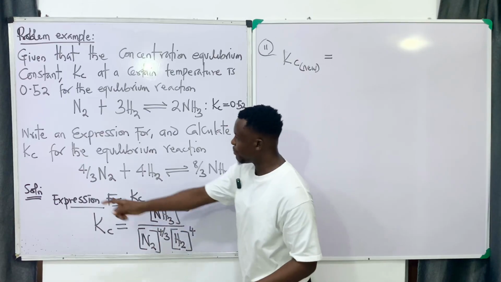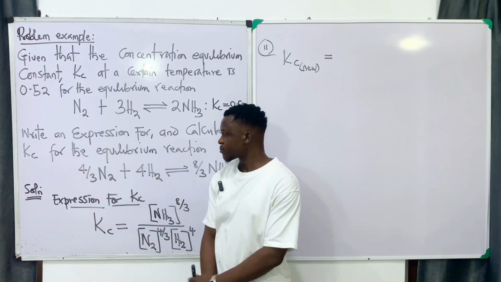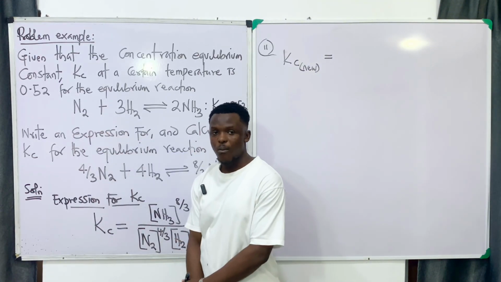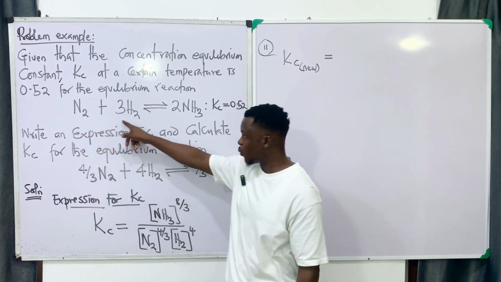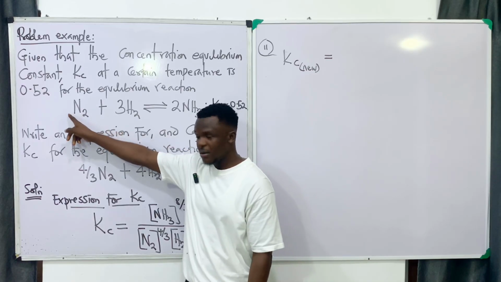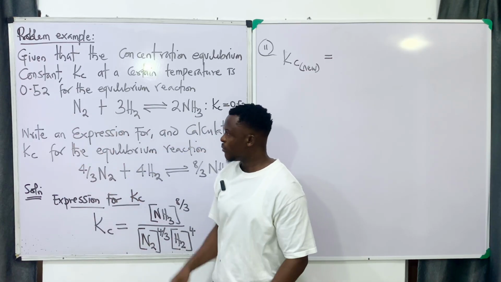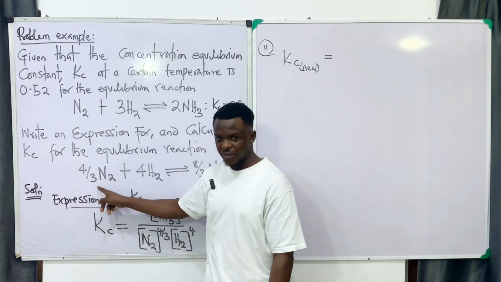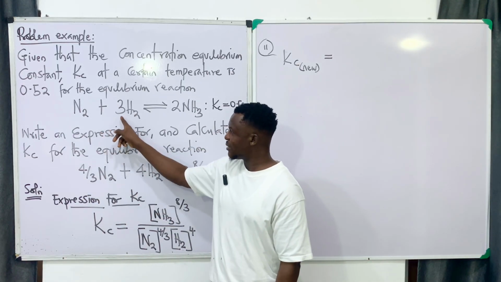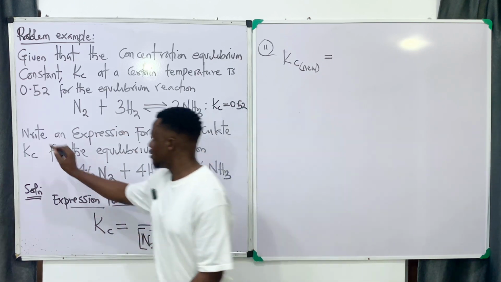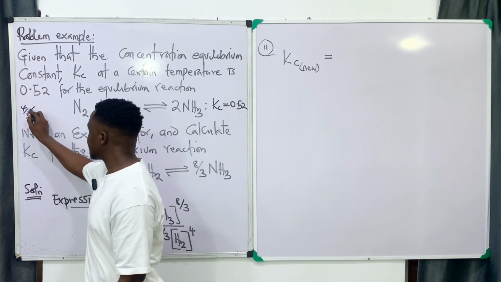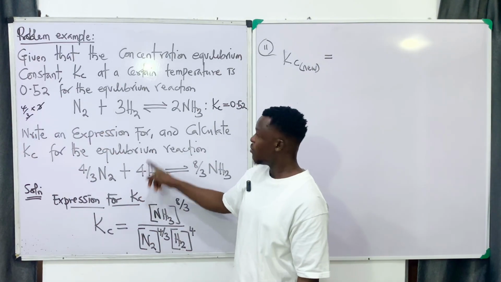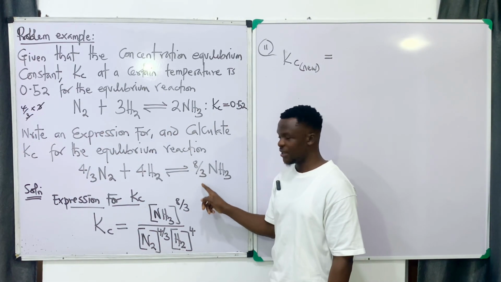Now, if I should multiply this original equation by 4 over 3, I'll get this. Because this is 1 here, 4 over 3 times 1 is 4 over 3. 4 over 3 times 3 is 4, which is what we have here. 4 over 3 times 2 is 8 over 3.